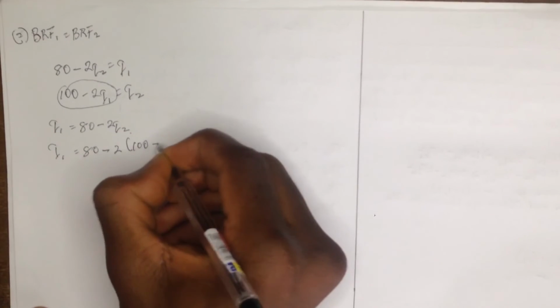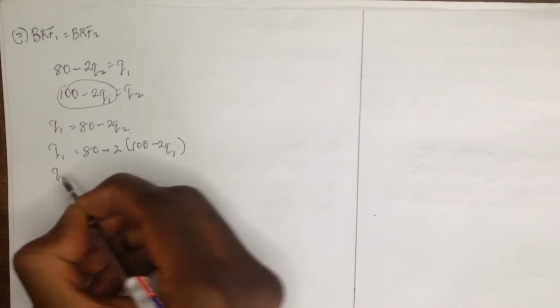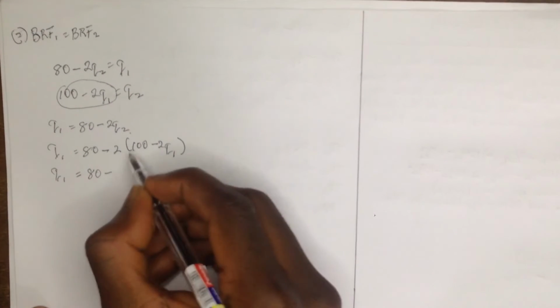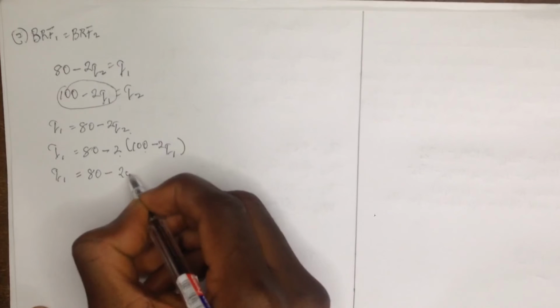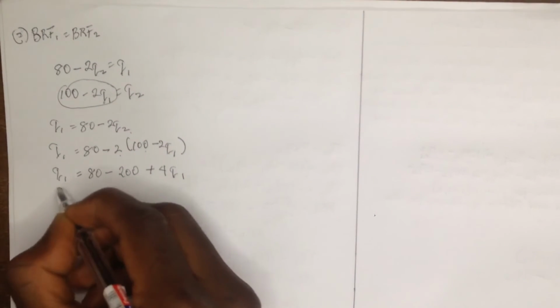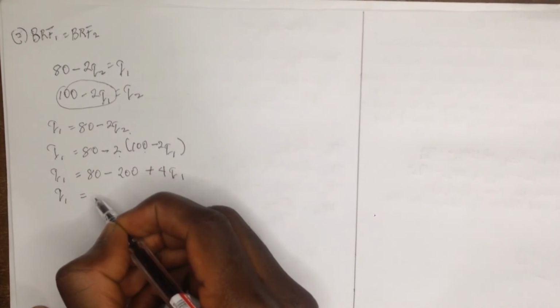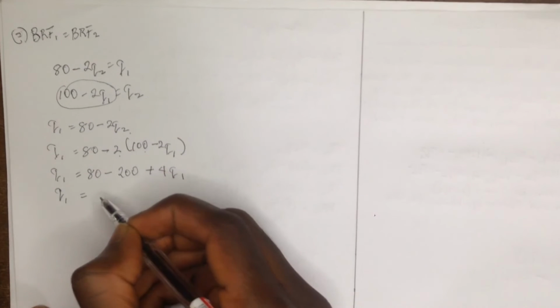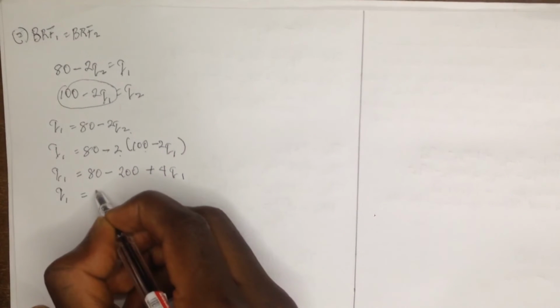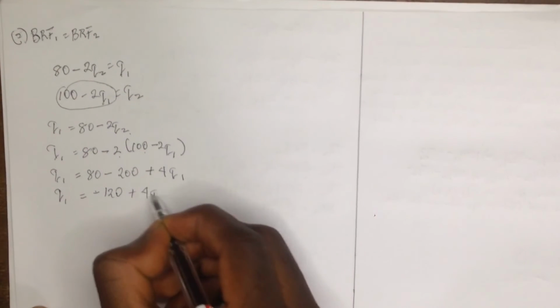So Q1 equals 80 minus 2 times (100 minus 2Q1), which is 80 minus 200 plus 4Q1. That gives Q1 equals minus 120 plus 4Q1.